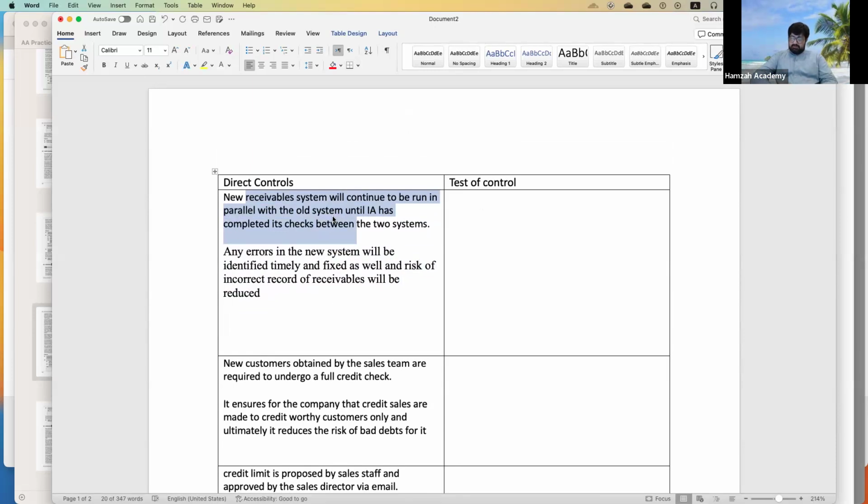For example, the first point is new receivable system will continue to run in parallel, and internal auditor complete the checks.